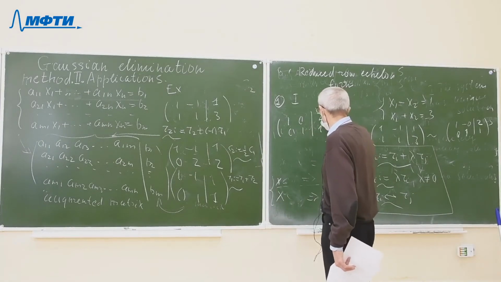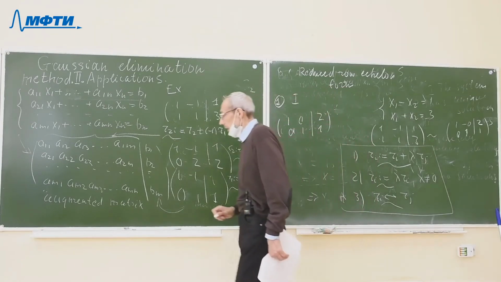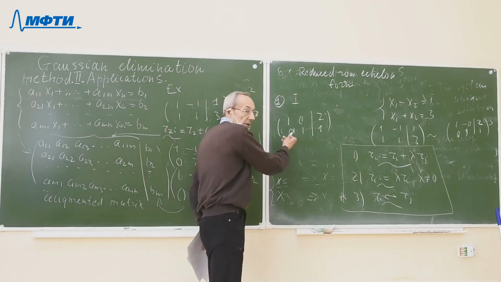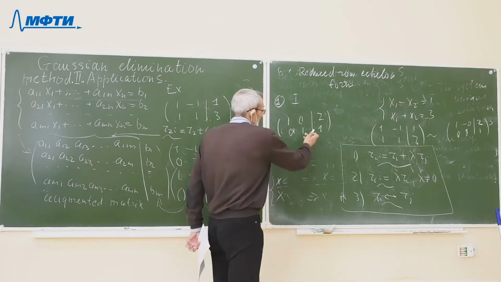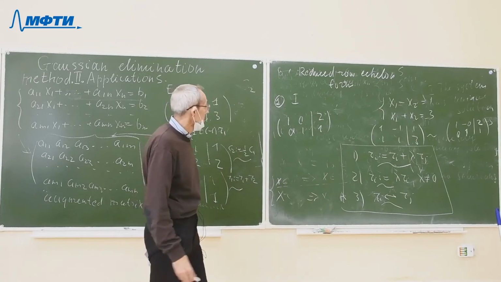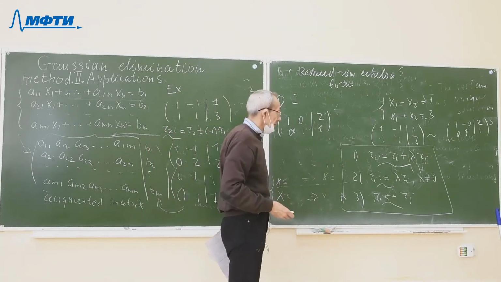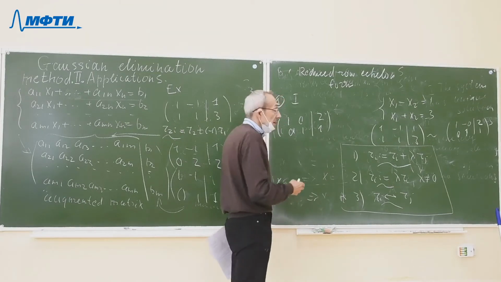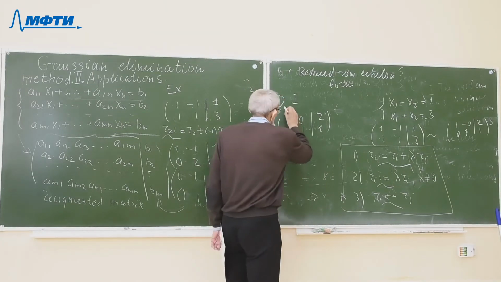the final form of our matrix. On the left side, we have the identity matrix, and the constant column presents the values of the solution of our system.